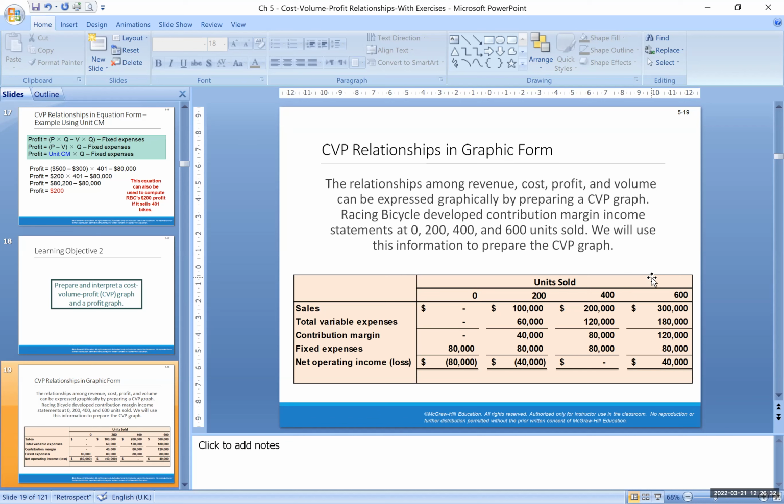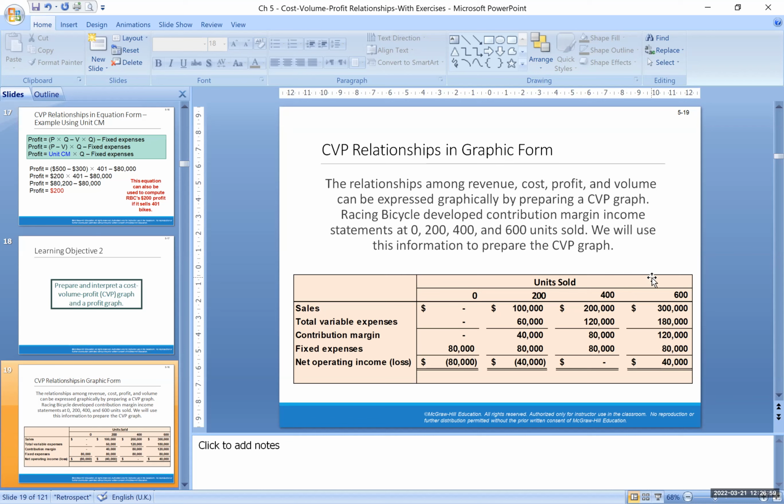So suppose that I'm giving you 4 different levels for the sales. Assume that the company is selling 0 units, only 200 units, 400 units, and the last assumption is that the company is in a situation to sell 600 units.